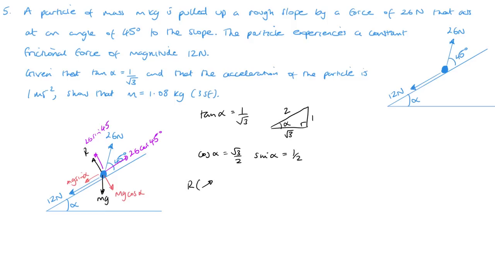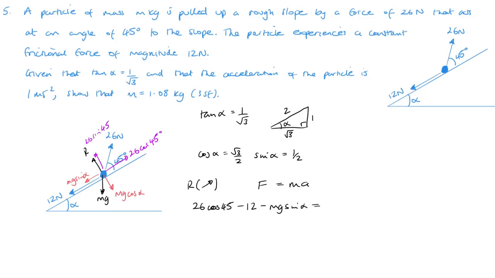So let's resolve going up the slope, as the friction is acting down the slope. Going up the slope, we have 26 cos 45. And then acting down the slope, we have the 12 newtons and the mg sine alpha.